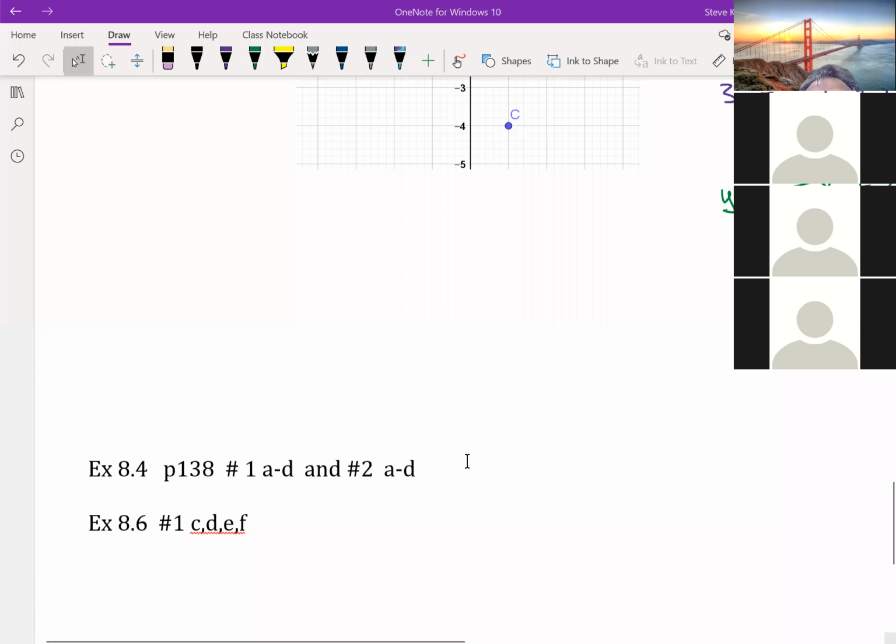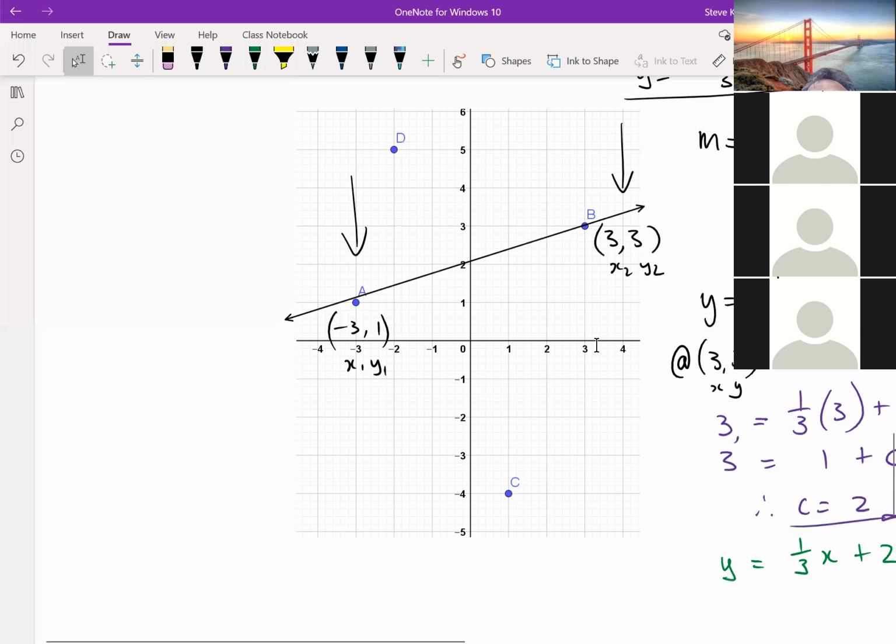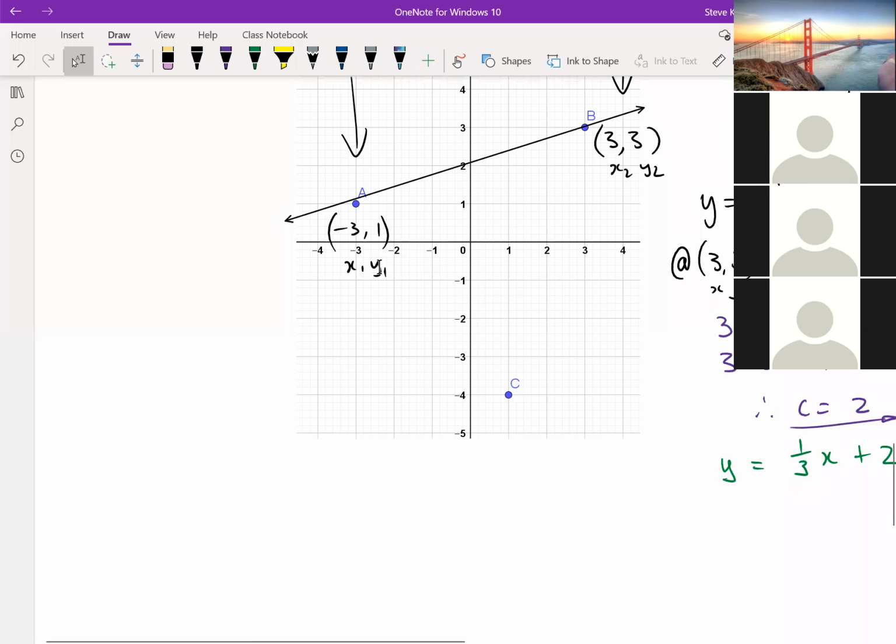Sir, could you take the 2 y's and take the average and then use that as the y cut? The 2 y's, no, not necessarily. In this situation, it would work because they are equal distance away from the y-axis. It's 3 this side and 3 that side.